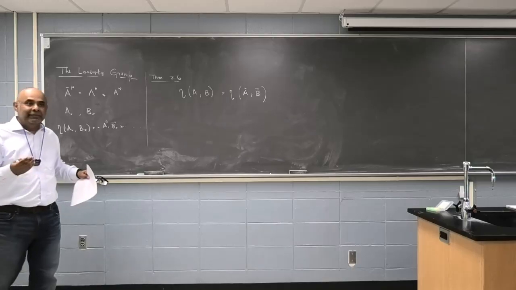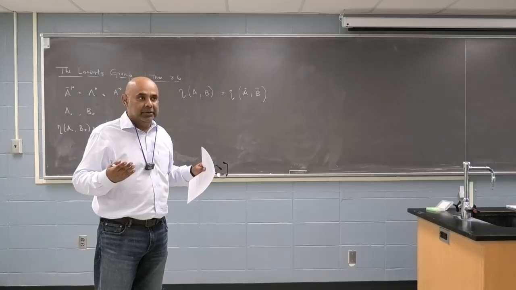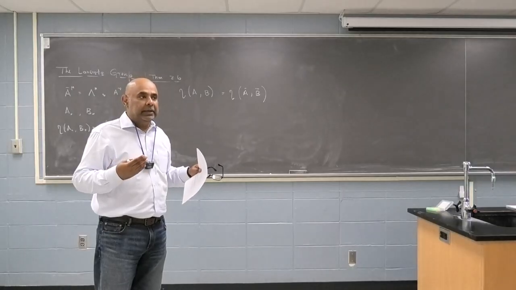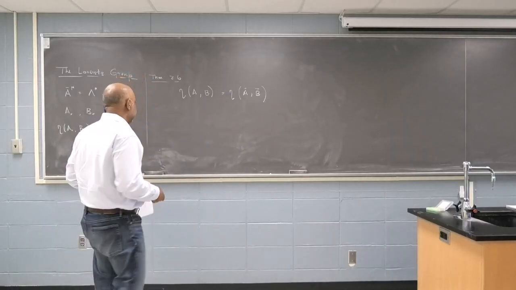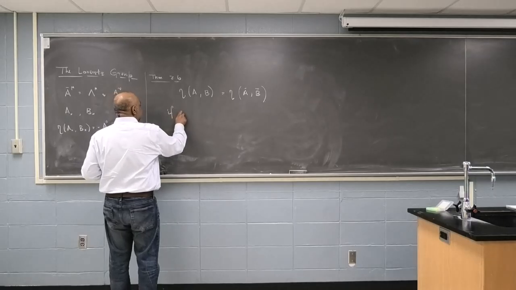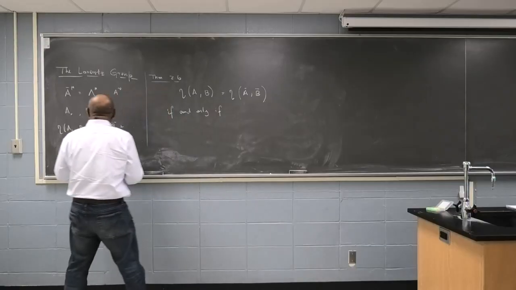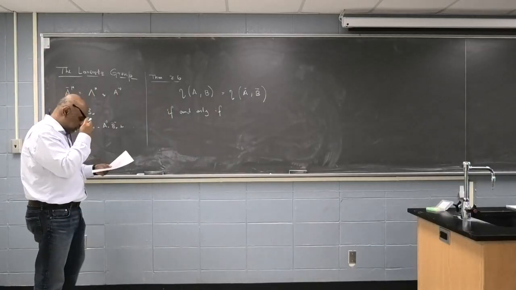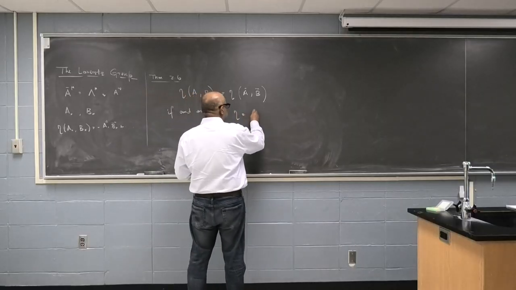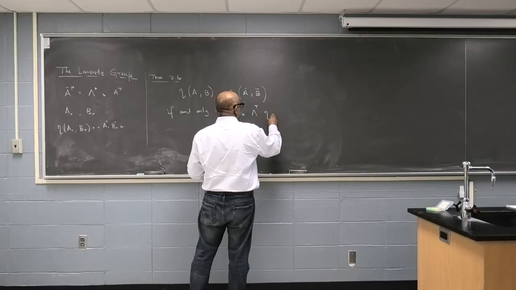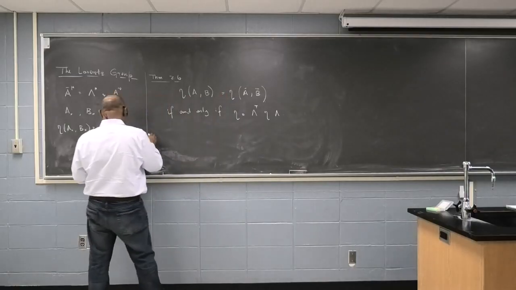It's almost like while vectors can transform, the expression for the inner product does not change, correct? So if I do it in one basis or the other, the inner product should be the same. If this is to happen, if and only if, this lambda has a condition, and we'll write it in matrix notation: eta equals the transpose of lambda, eta, lambda. That is the statement, and this is the proof.